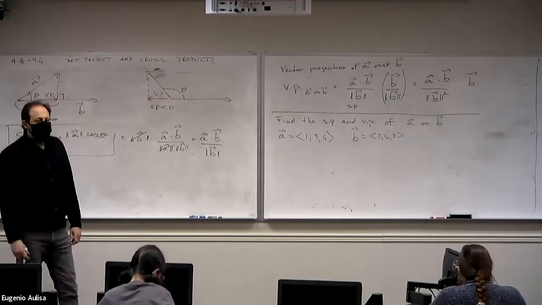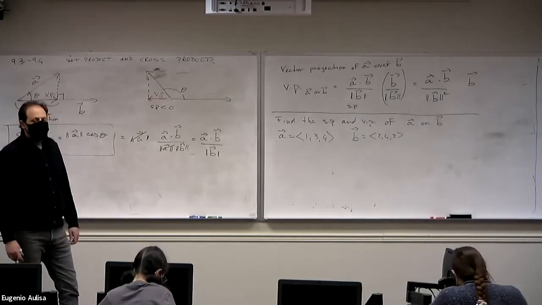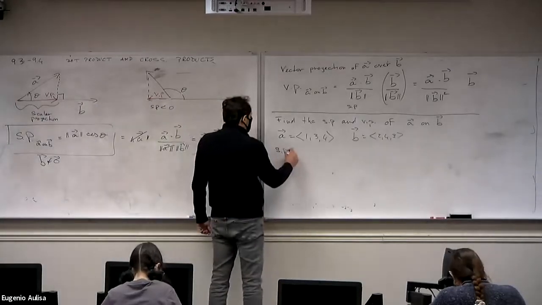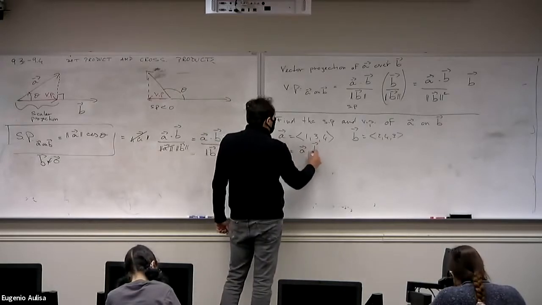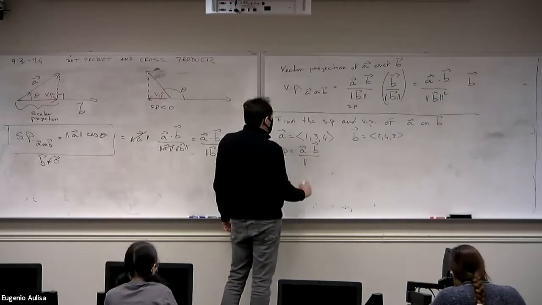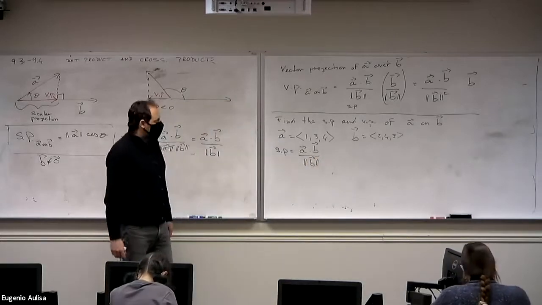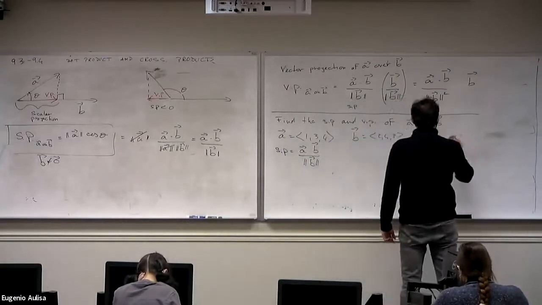So the scalar projection, we said, is going to be the dot product A dot B divided by the length of B. So what is A dot B?